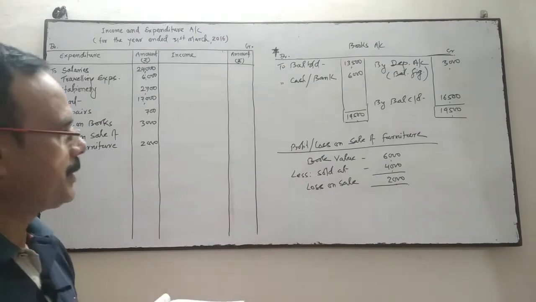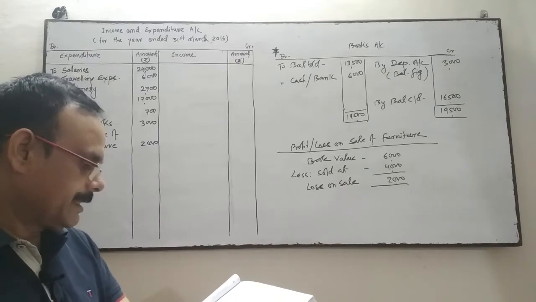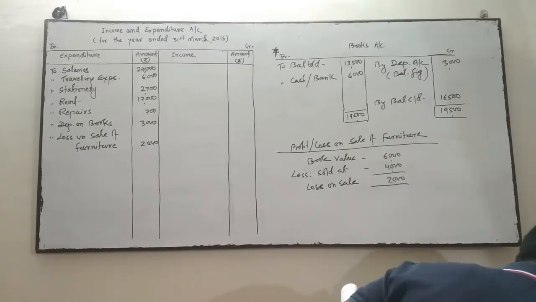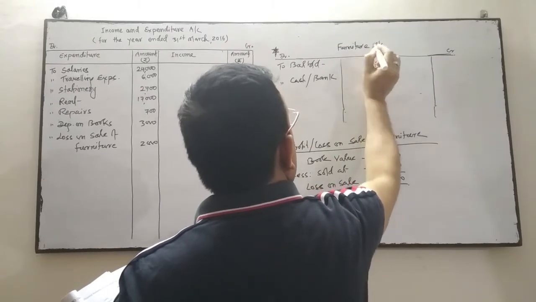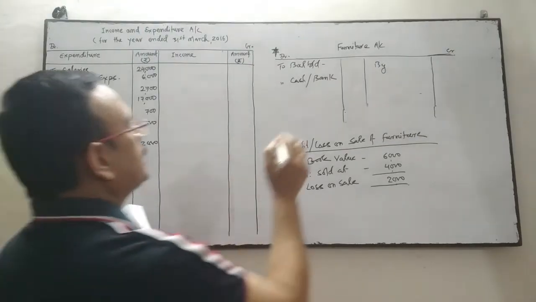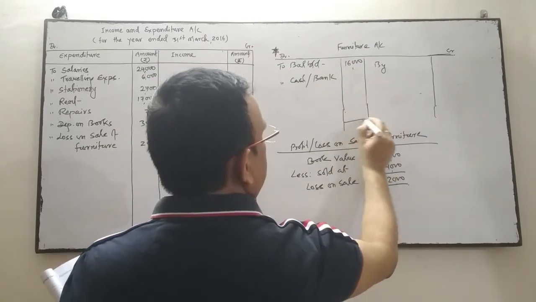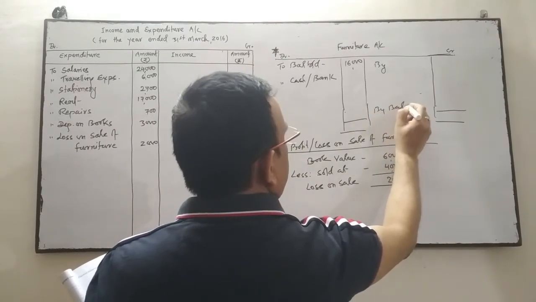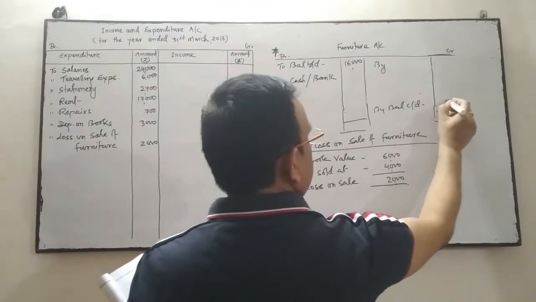Now in additional information, one more information is given about the furniture in the additional information number 5, furniture. So we will prepare the ledger of furniture account. Opening balance of furniture given in the adjustment is 16,000 and closing balance of furniture, by balance carried down, given in the adjustment number 5 is 8,000.